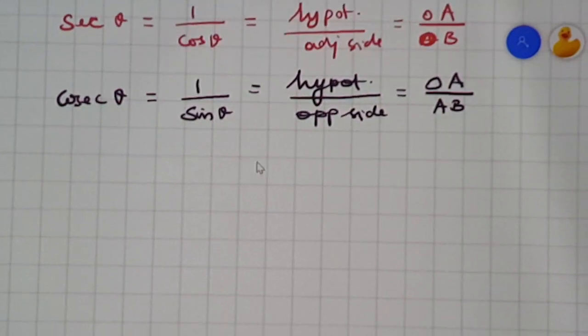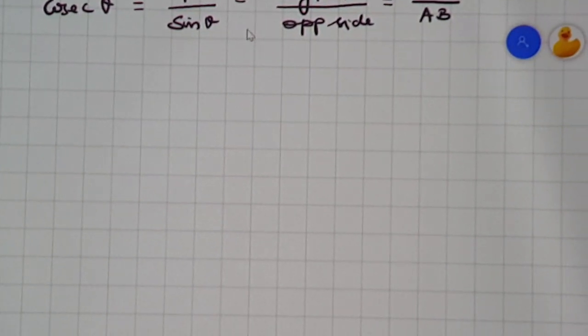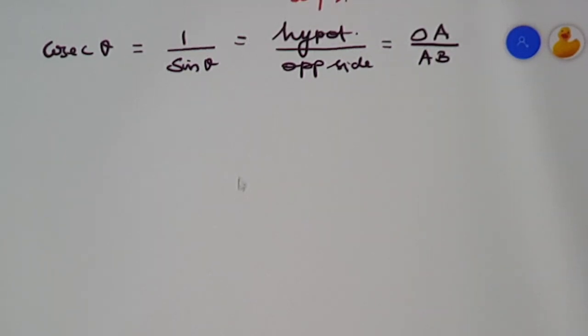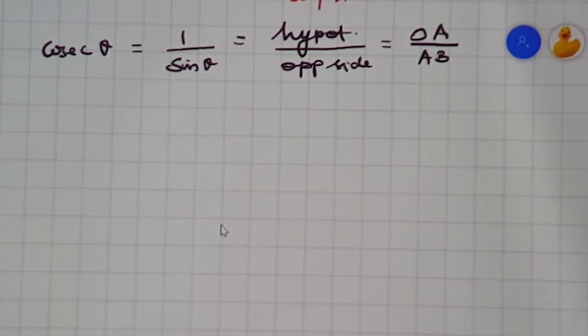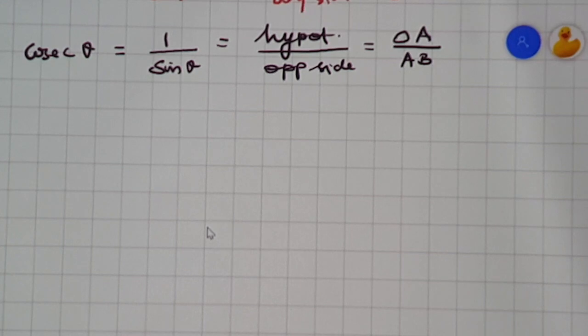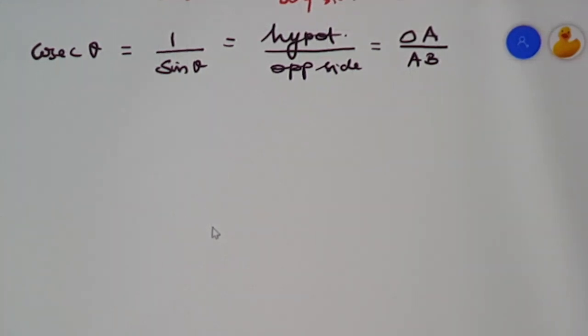What is the next one? We have to consider the sign of the trigonometrical ratios. That is, we have to divide into four quadrants: first quadrant, second quadrant, third quadrant, as well as the fourth quadrant, and see which are positive and which are negative.